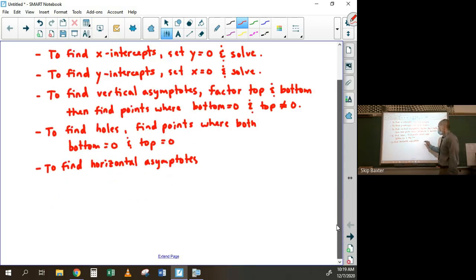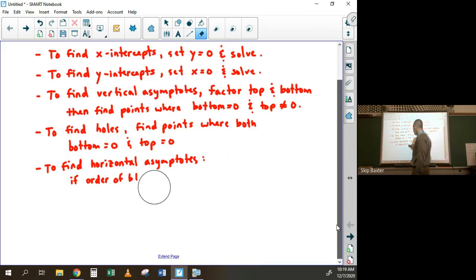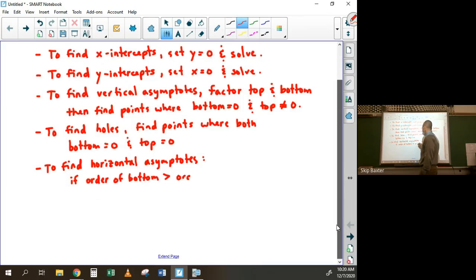If the order of the bottom is greater than the order of the top, then it's going to be y equals 0, because the bottom's growing at a faster rate.